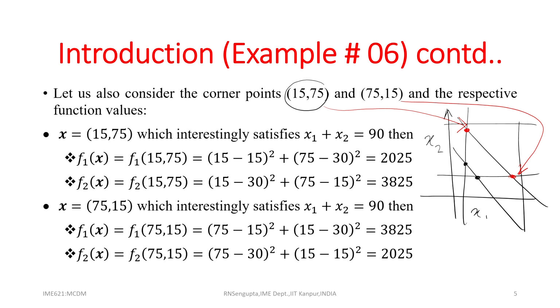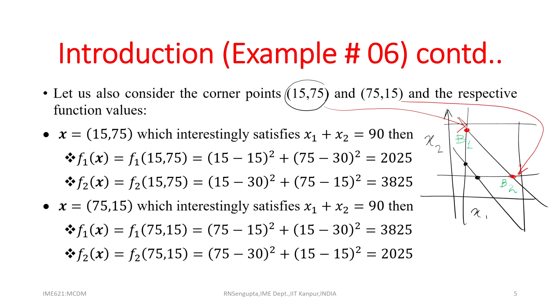At the corner points 15, 75, I am using a different color, say green, just to highlight. Consider this as B1 and this as B2. The 1 and 2 have nothing to do with the functions f1 and f2; they are just suffixes.